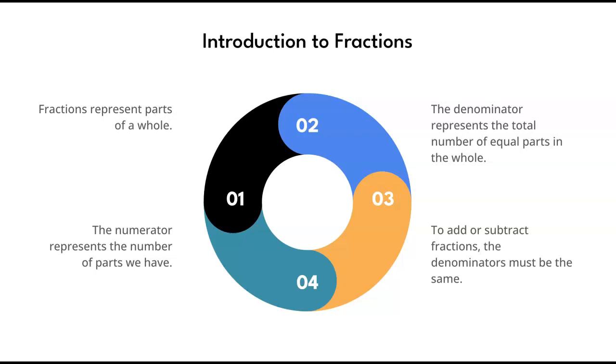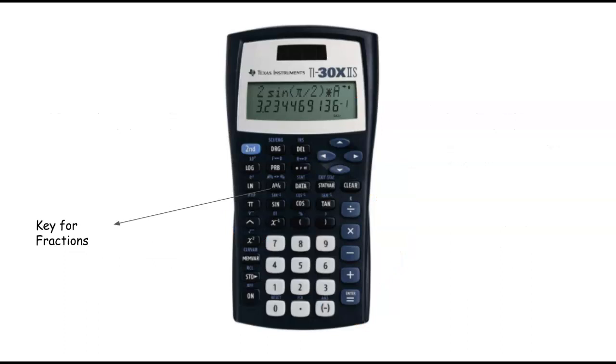So today I just want to make sure that you know how to do fractions on a calculator. In the calculator that we have, the Texas Instruments TI-30X, there is an A b/c key. If you have your calculator in front of you, make sure you can find that A b/c key. That is the most important key for fractions.